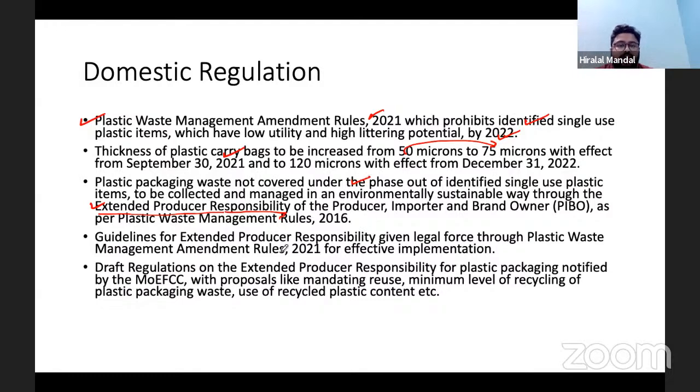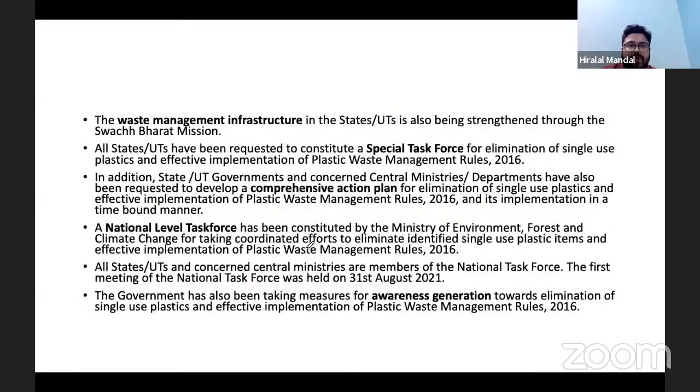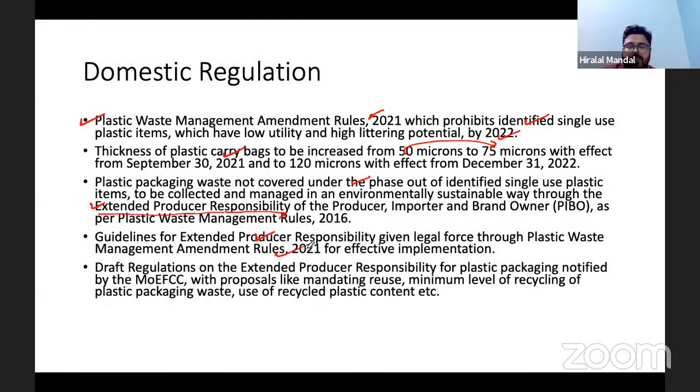In fact, the guidelines for extended producer responsibility were given legal force under the Plastic Waste Management Rules 2021 for effective implementation. So that's what you can see when it comes to domestic regulation.